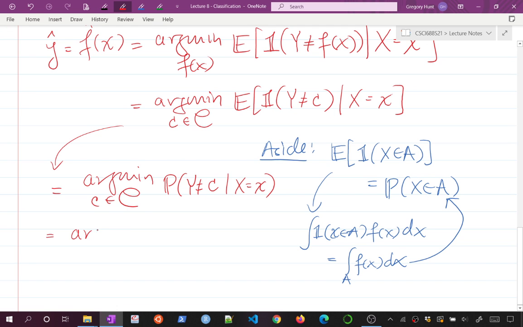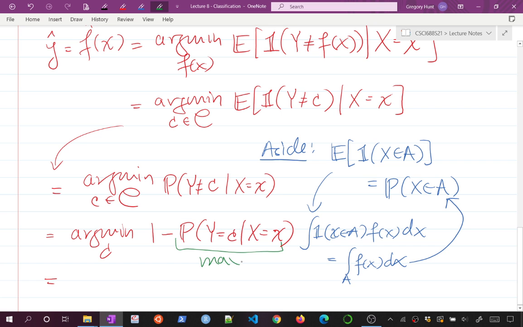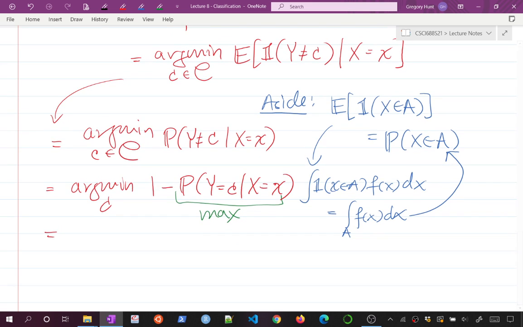Well, how do I do that? It turns out the easiest way to think about this is that minimizing the probability y is not equal to c is the same thing as minimizing 1 minus the probability it is equal to c. And if I'm minimizing 1 minus this, then really what I'm doing is maximizing this. And so what do I get here?